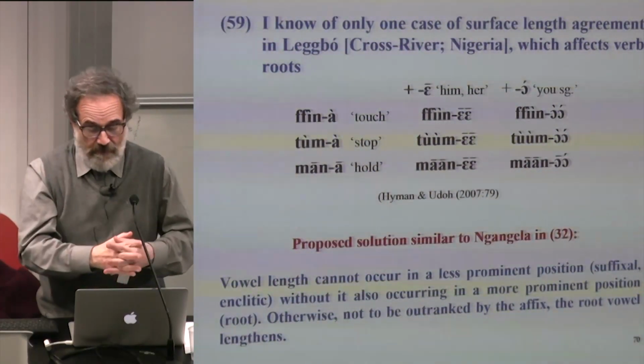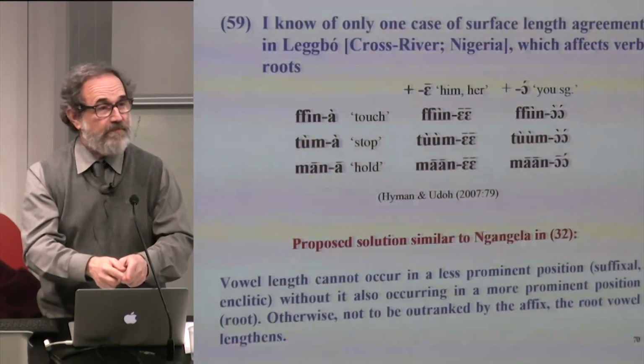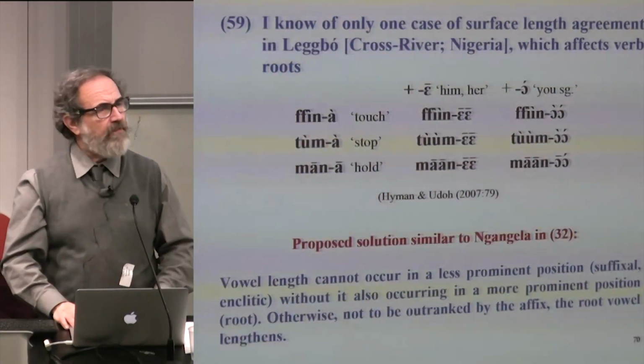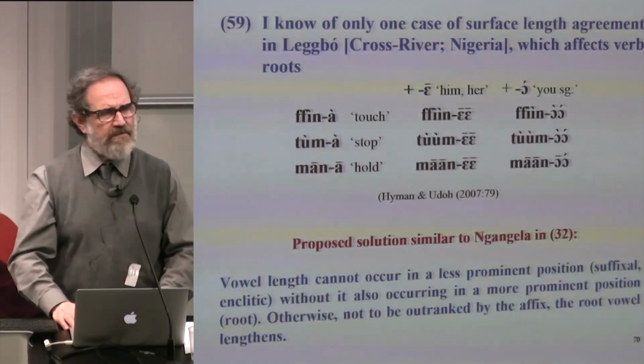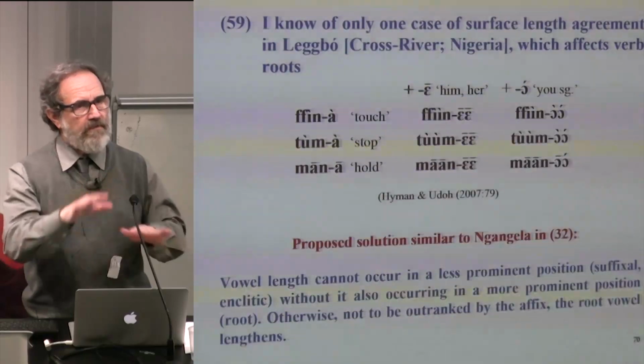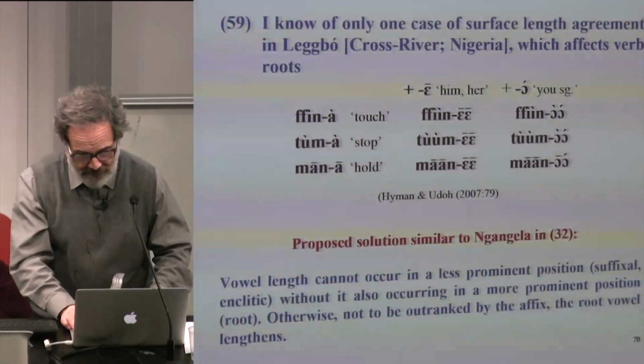So they say, we don't like that. We are more prominent than you. We're going to become long too. So it is a kind of agreement, you might think, but it's not harmony in the normal sense. It has everything to do with the relative prominence of positions that I referred to, for example, in Ngangela.